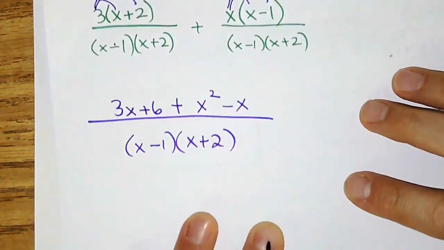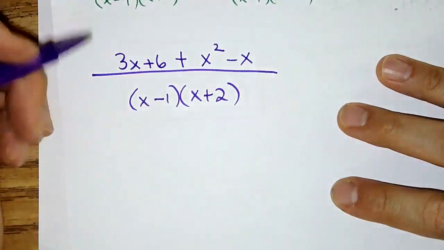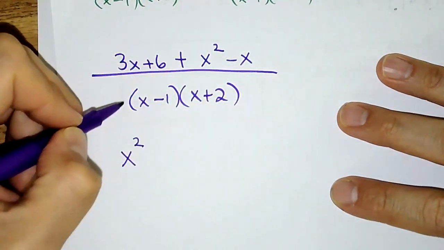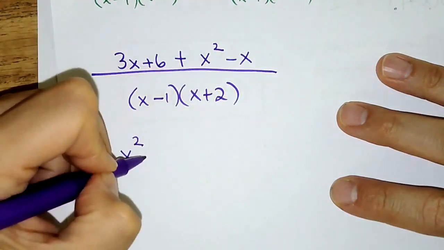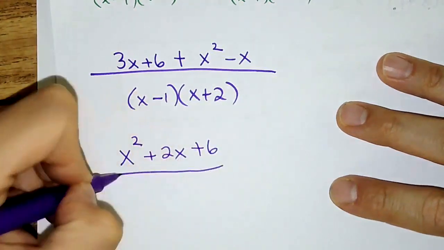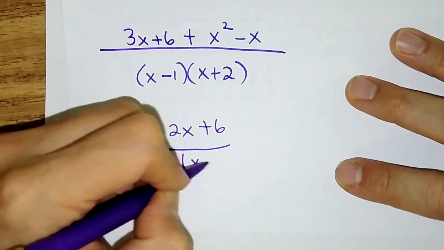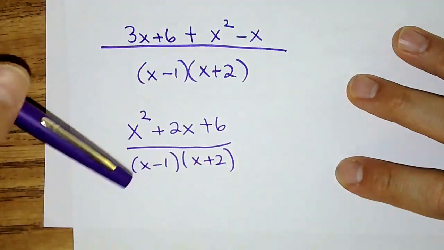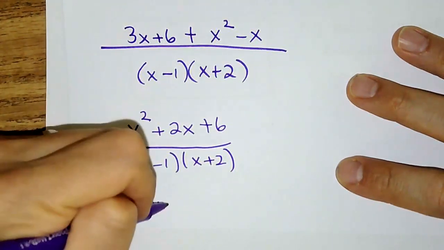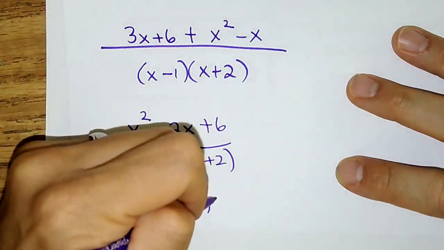Okay? And then I just combine like terms on the top. So I see an x squared, 3x minus x, that's plus 2x, and then plus 6, divided by x minus 1 times x plus 2. And if this is my denominator, then my domain is x cannot equal -2 or +1.